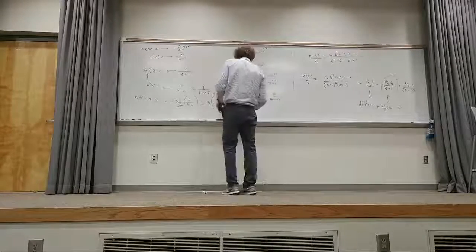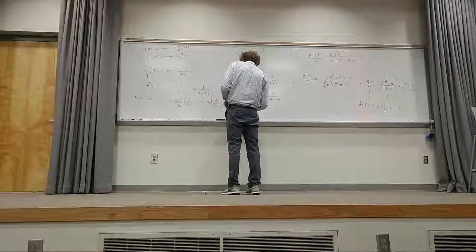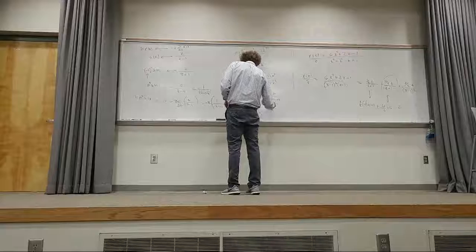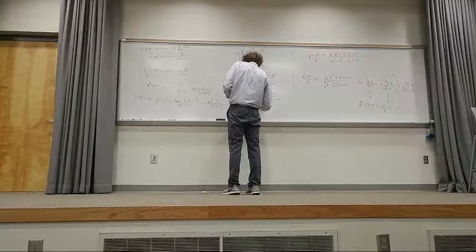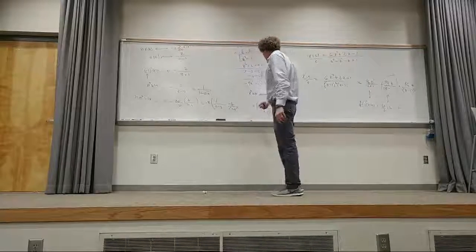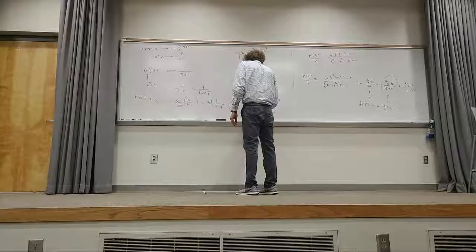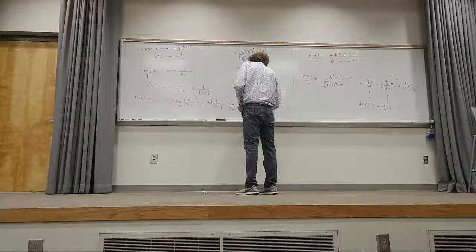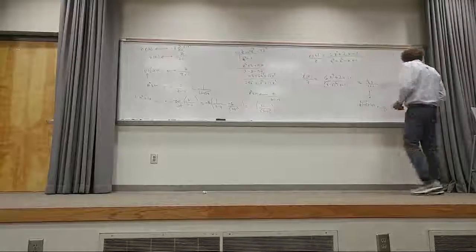Or times the z out front. So now I get simply minus z times the quantity z minus a minus z, or simply minus a over z minus a squared. And the minus signs go away, and therefore this becomes just za.